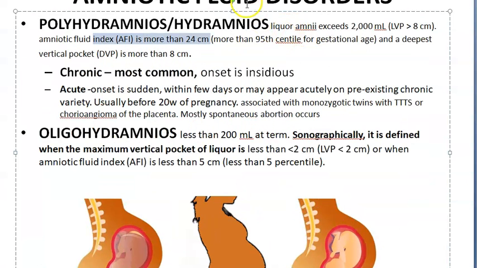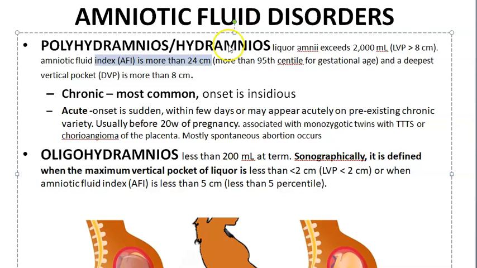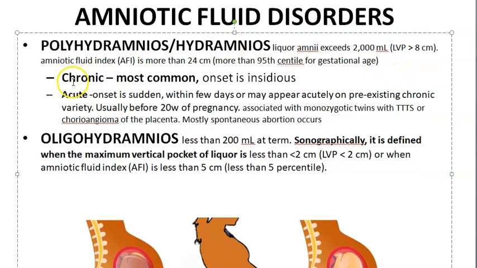This is the definition of polyhydramnios, so you should write it down, very important. And in this you have 2 types, chronic and acute. We'll come to this. Oligohydramnios means less than 200 ml, LVP less than or equal to 2 centimeters, and AFI less than 5. Okay, people? You have understood everything now.